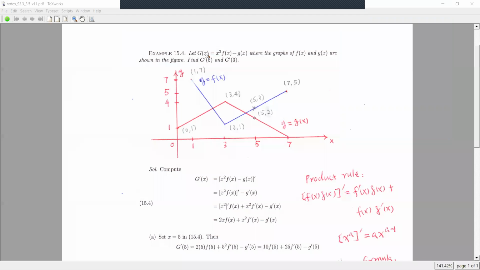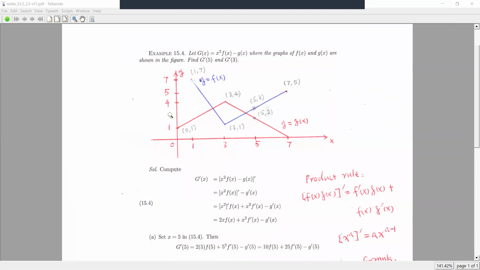Now, for the derivative at the point 5, plug in the number 5 for x here. Then we have the derivative of B at 5 is this number. Simplify this expression a little bit, we get this number.